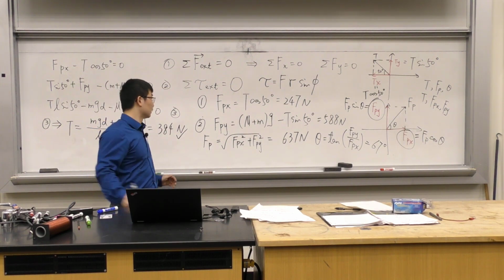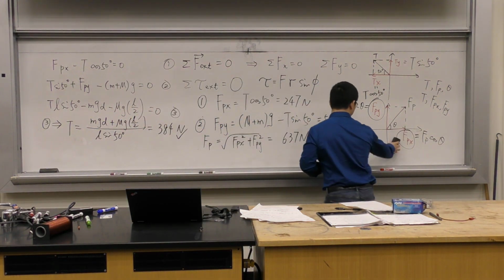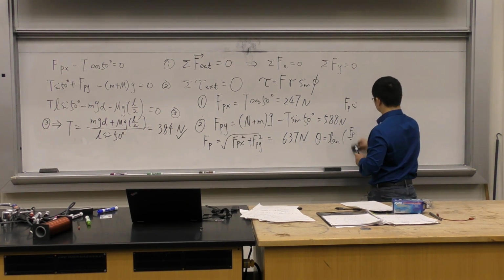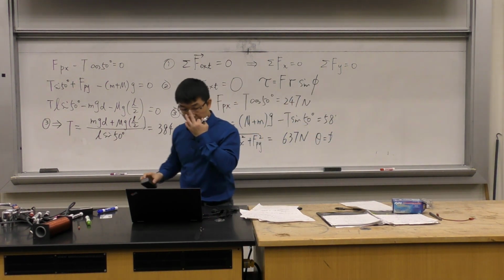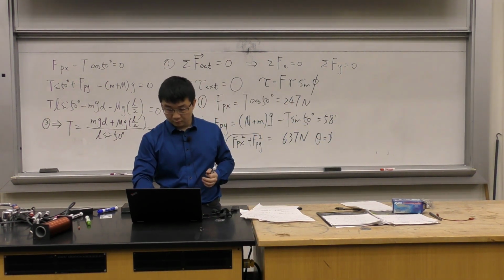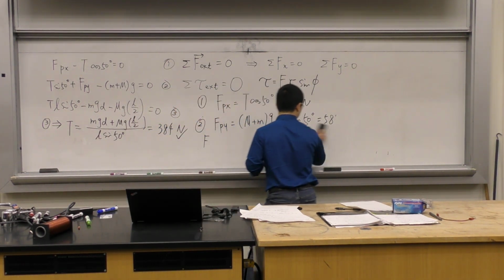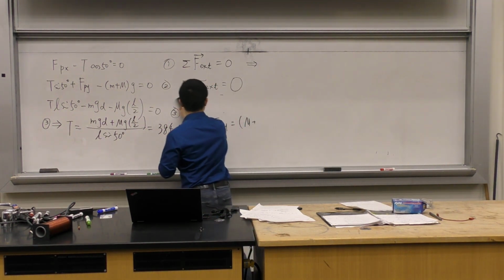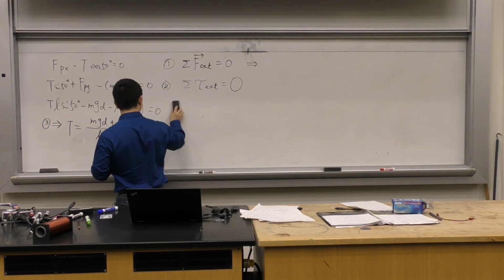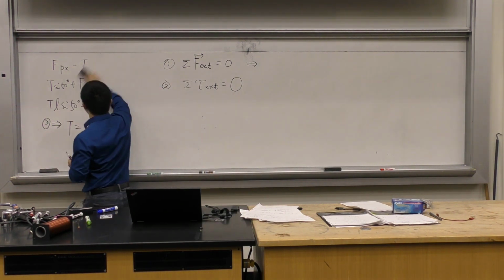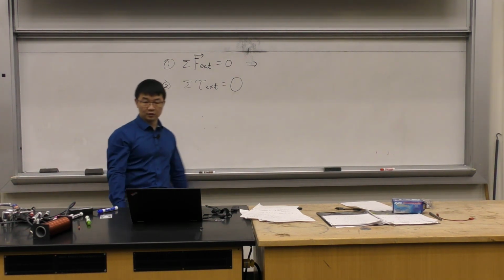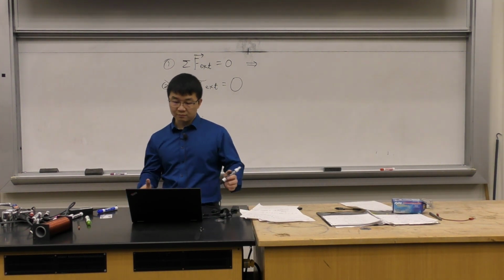Now let's take a look at another problem, slide 3. Okay, so now I'm going to erase all this. Two people are carrying a beam, but they are carrying the beam at different locations, not symmetric, okay?